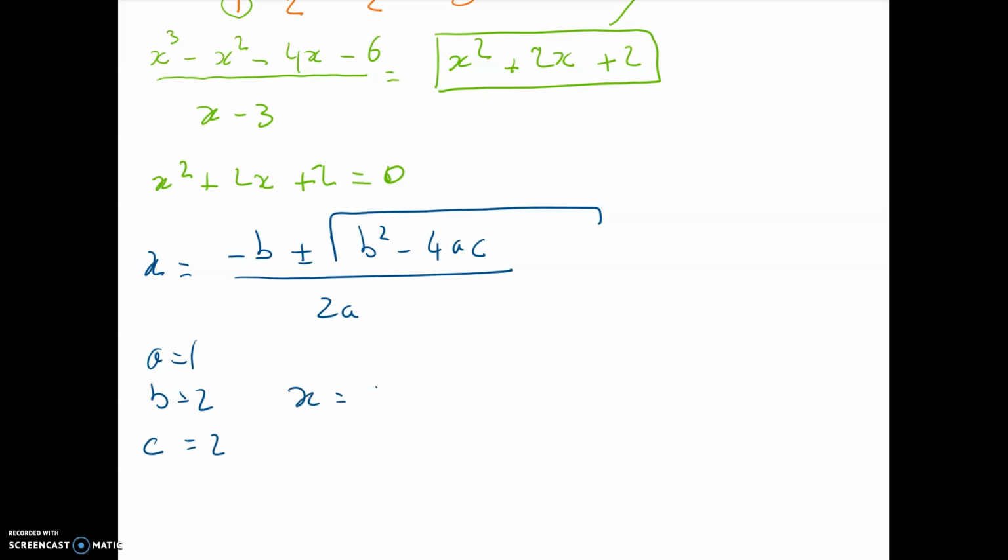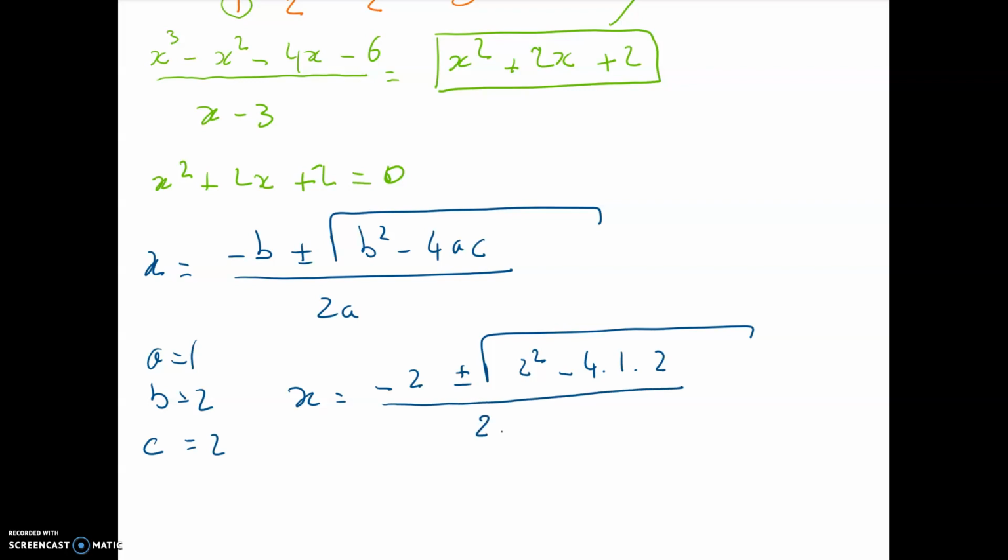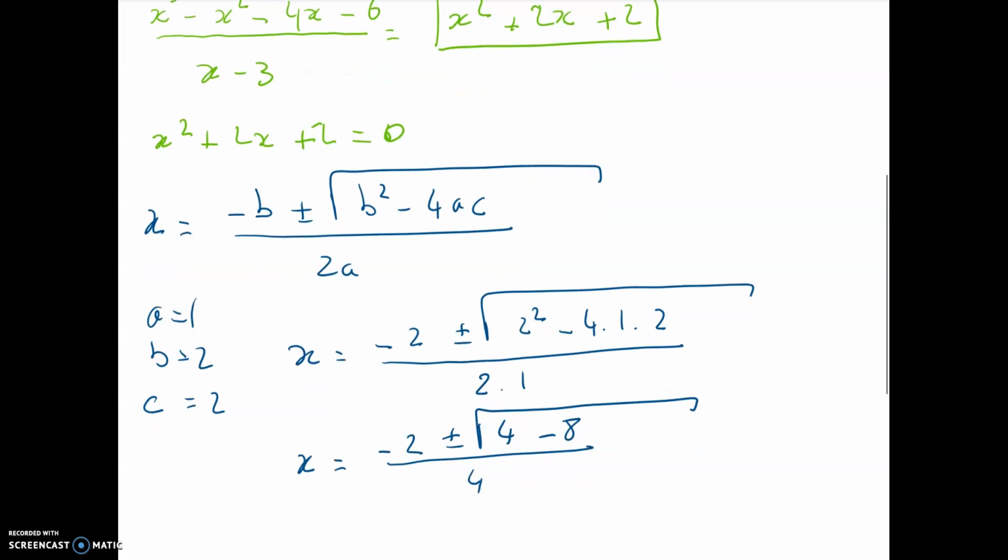So x equals minus 2 plus or minus the square root of 2 squared minus 4 times 1 times 2, divided by 2 times 1. I can clearly see that I end up with a negative radicand: negative 2 plus or minus the square root of 4 minus 8, over 2.